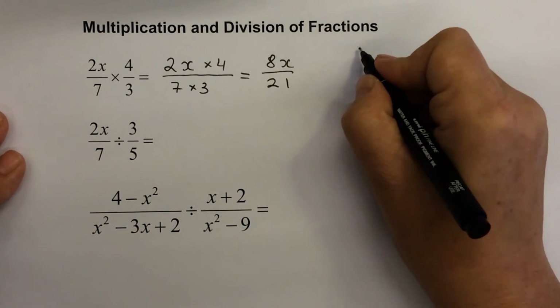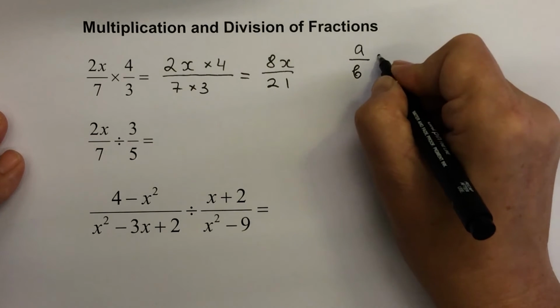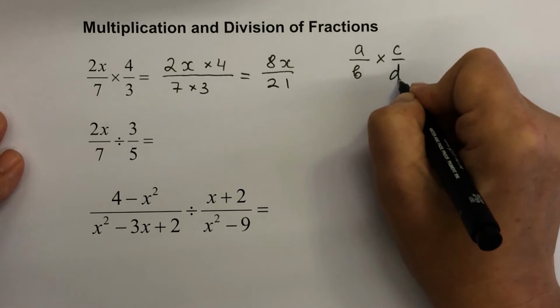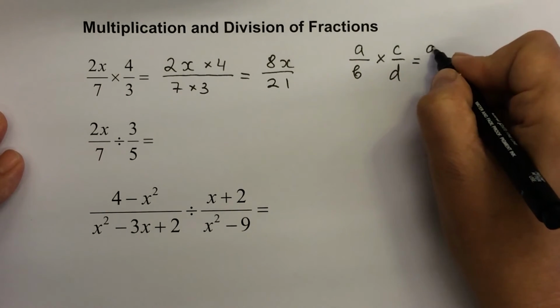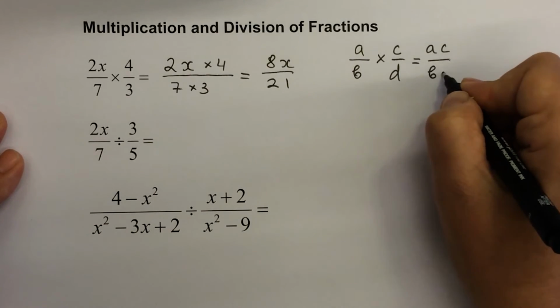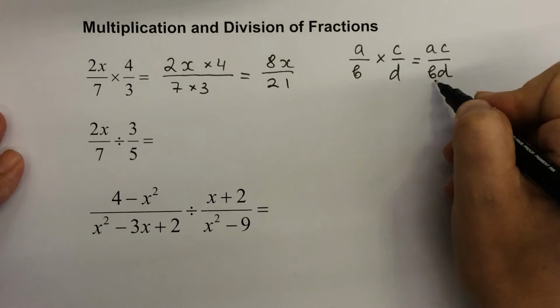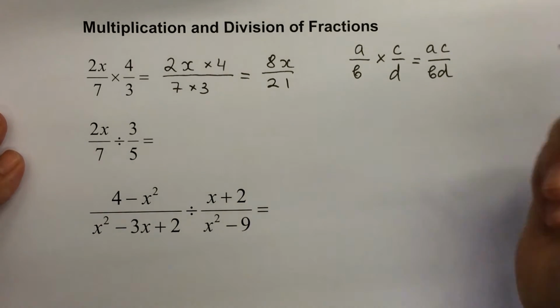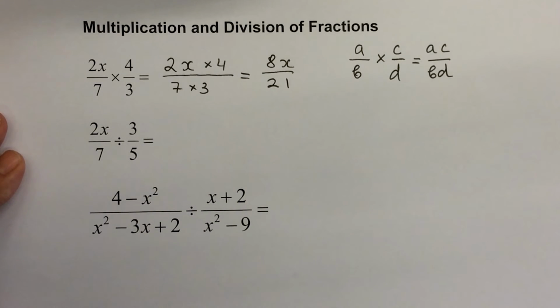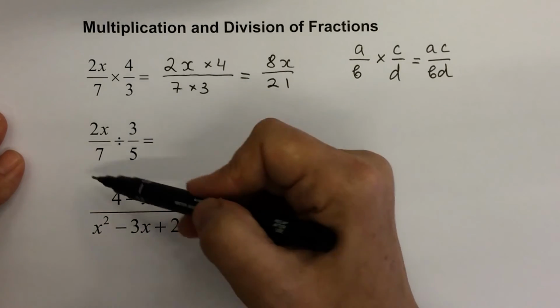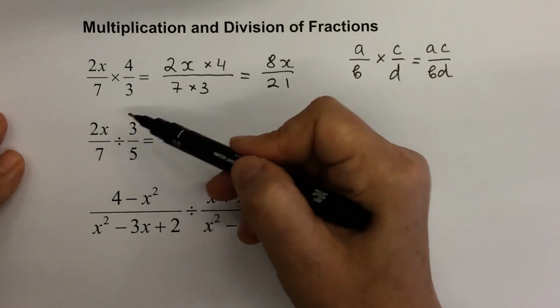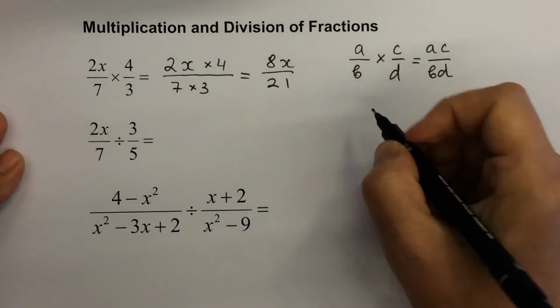So in general, the rule is a over b times c over d equals what? ac over bd. Yep, so numerators multiplied, denominators multiplied. That's a slightly different story when we have one rational fraction divided by another one.